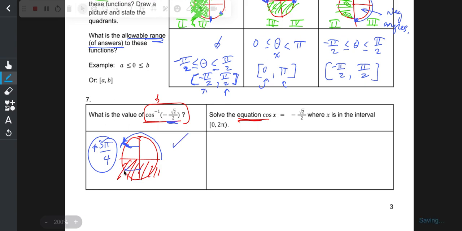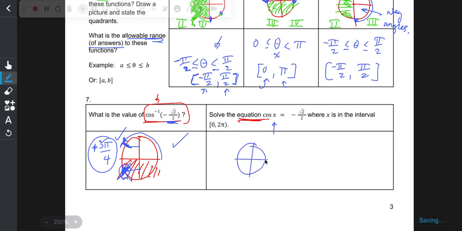Okay? You're not going to say this, even though this angle also has a cosine of negative root 2 over 2. That is out. No. Only this. However, when you're solving the equation, and it's asking the very same question, x, which is your angle, you are going to say both.